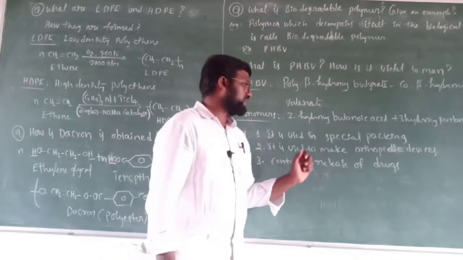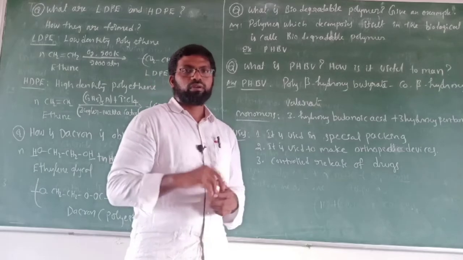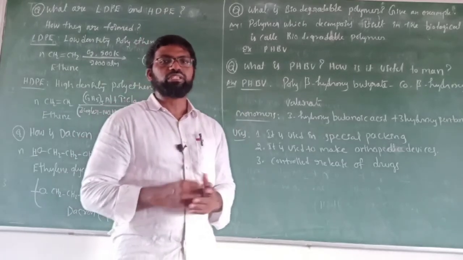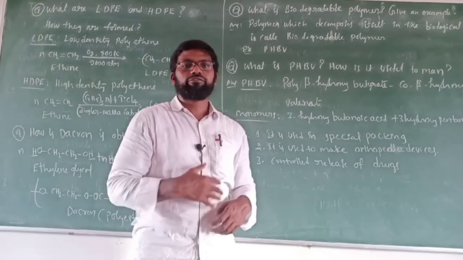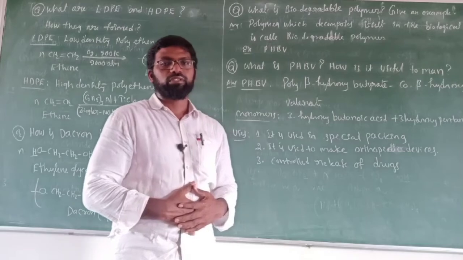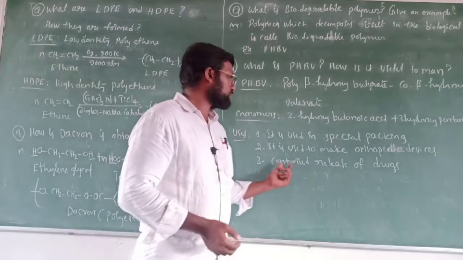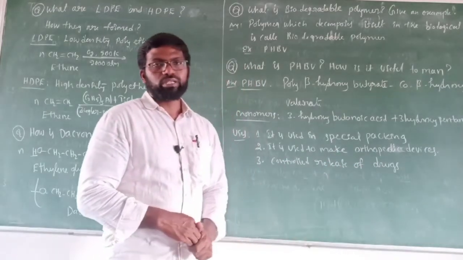Next, controlled release of drugs. In some types of capsules, the outer body of the capsule is made of biodegradable polymers. When consumed, they are easily degraded after reaching our stomach, so they release the drug very easily.